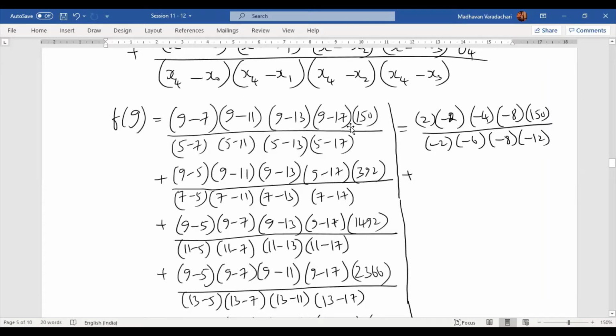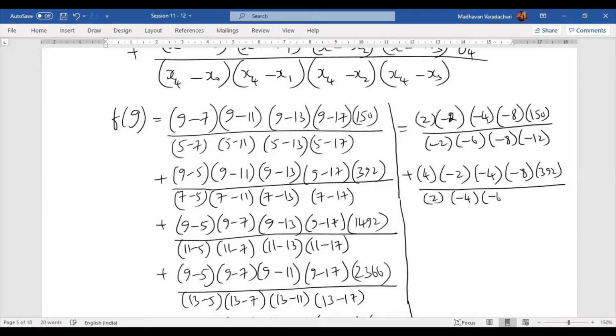This is minus 2. This is minus 4. Minus 8, 150. Minus 2, minus 6, minus 8, minus 12. Then this is 4, minus 2, minus 4, minus 8, 392, divided by 2, minus 4, minus 6, minus 10.